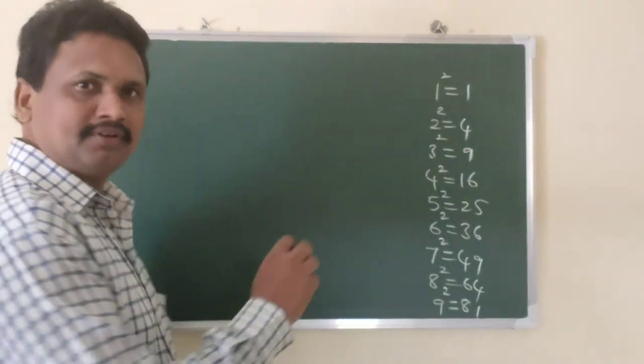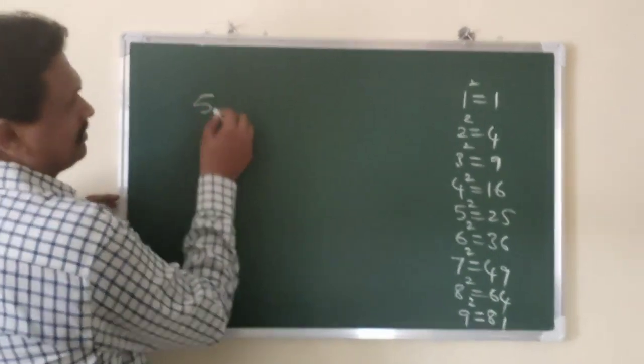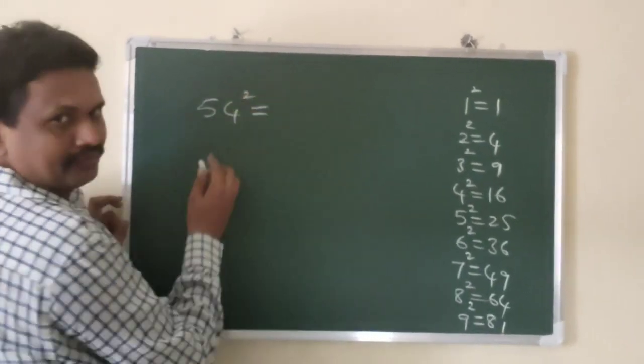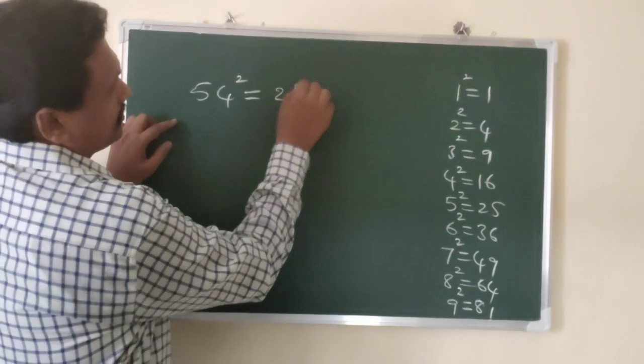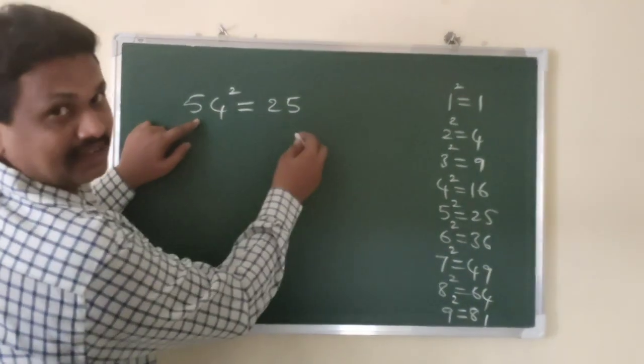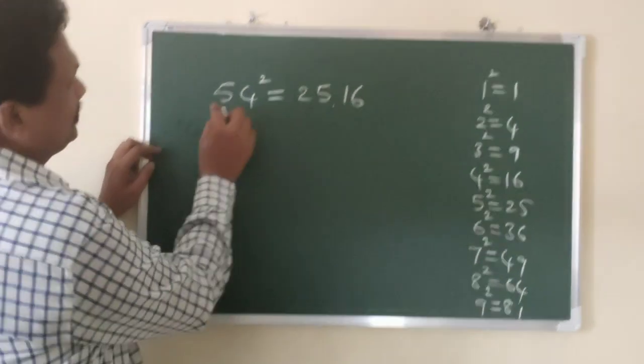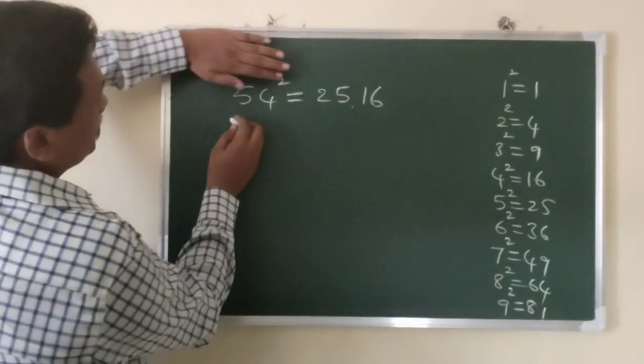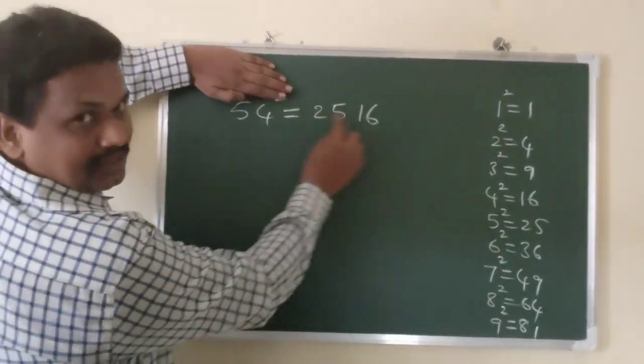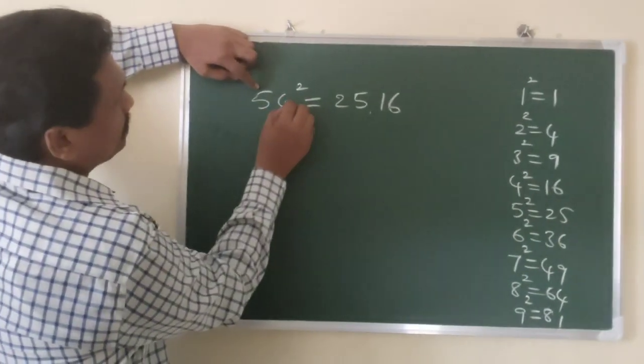See one more example. You want to find 54 square. 5 square is 25, 4 square is 16, nearby digits. After that, 5 into 4 into 2.